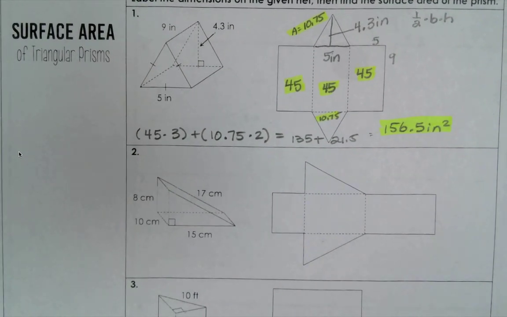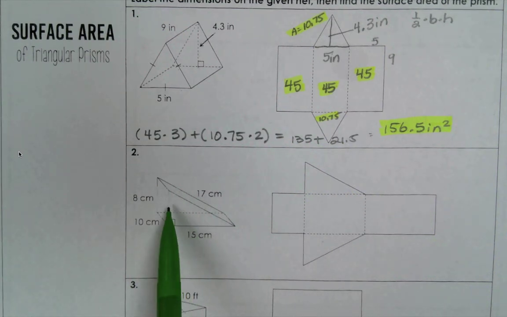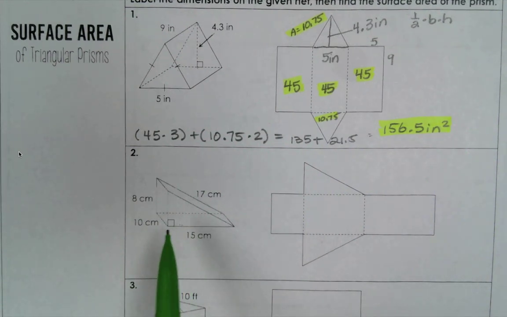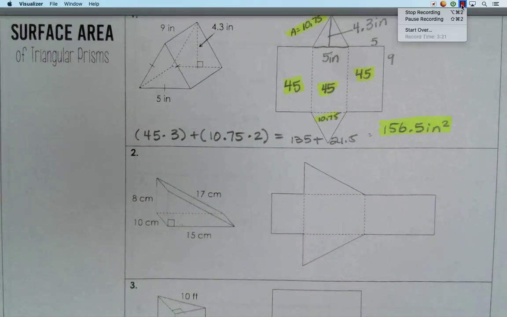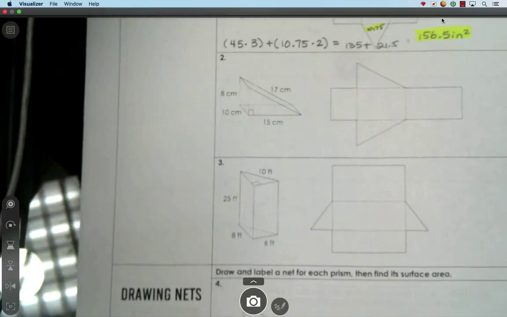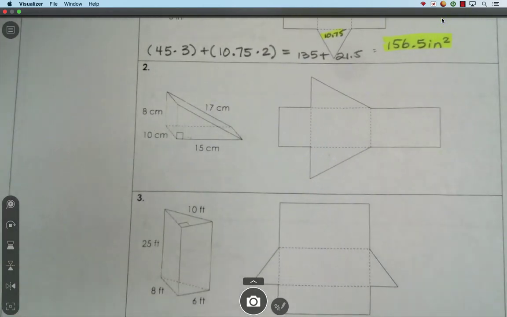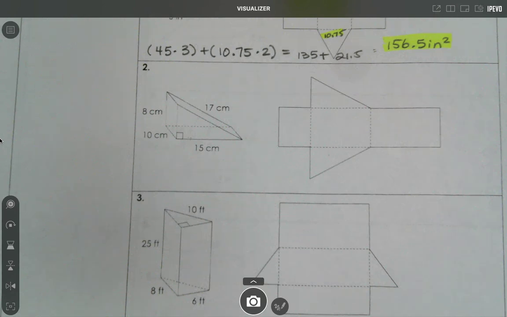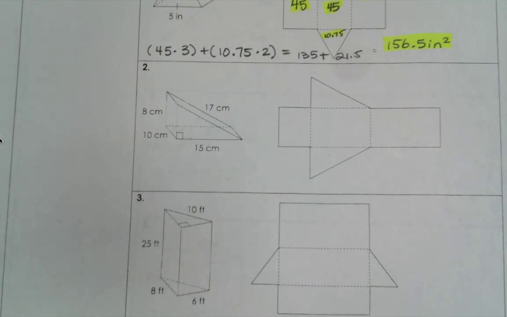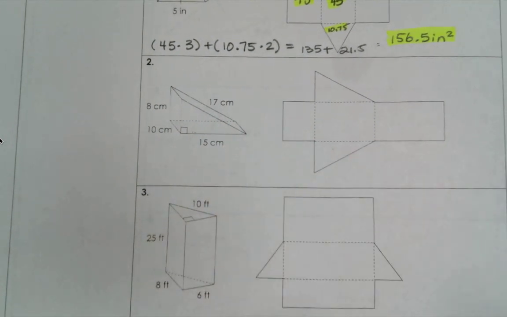Okay, number 2. This time I still have my triangular prism because my bases are these triangles, the face that we see. We're back. So we talked about this triangular prism, and our bases are triangles.